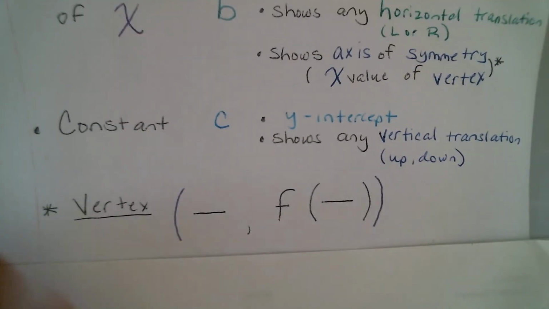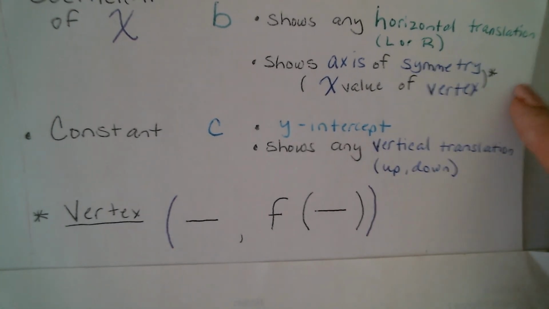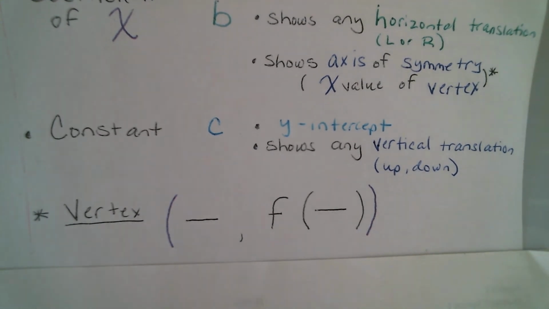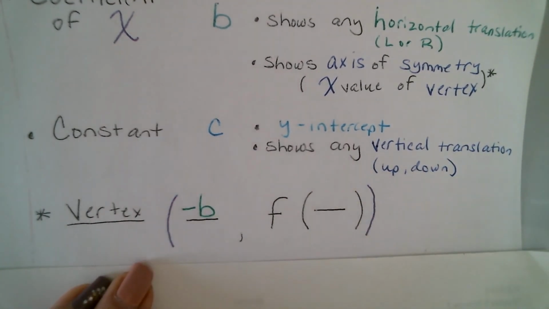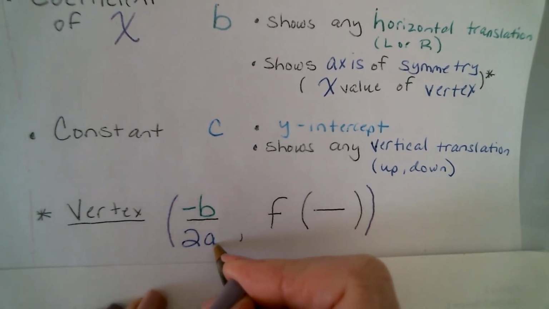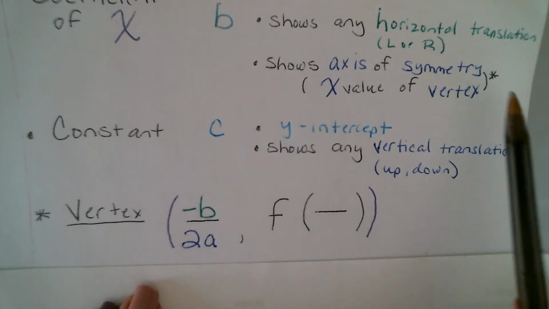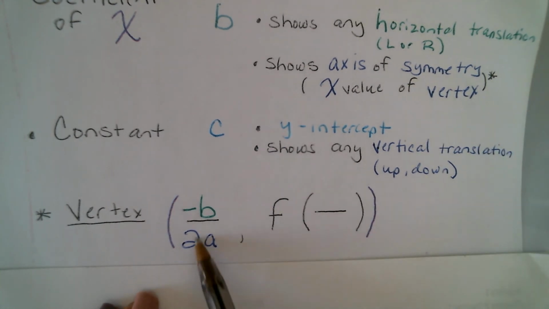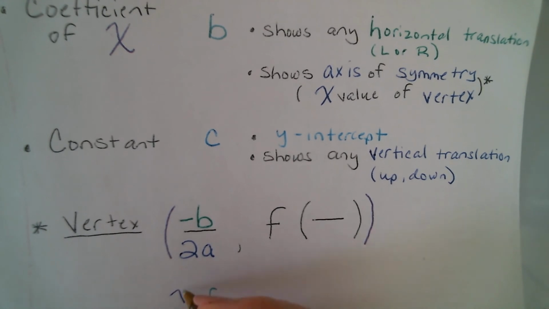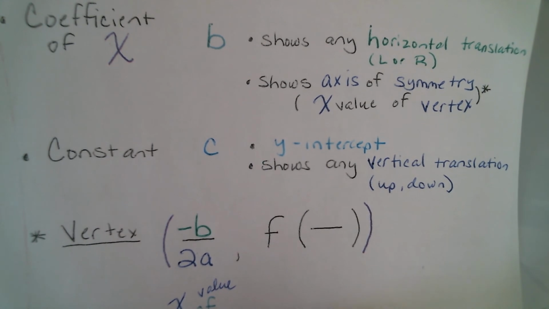Okay, last thing I want us to add to our notes here is, well, if we're talking about the x value of the vertex up here, well, what is that vertex, right? Okay, well, we just said if you took the opposite of b over 2a, that is going to be your axis of symmetry. And that's going to be the x value of the vertex.